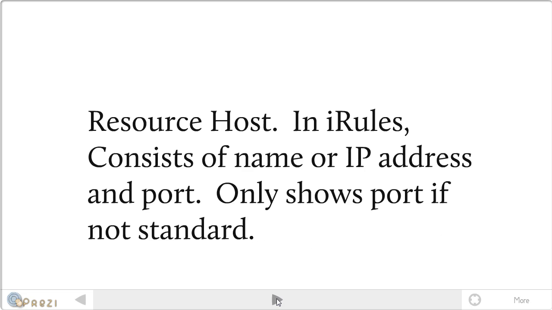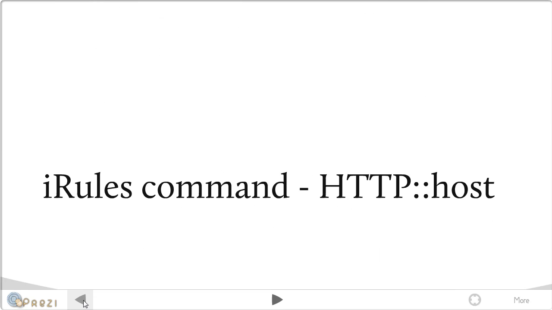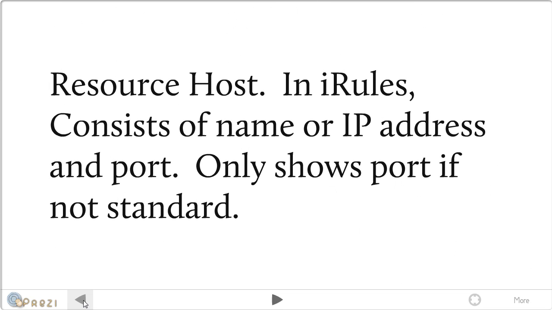And in iRules, the data that's returned with the HTTP host command is a name or an IP address, and then also the port, but only if the port is non-default. So it will not be returned if it's port 80, or 443 for SSL. Otherwise, you'll get that information back.